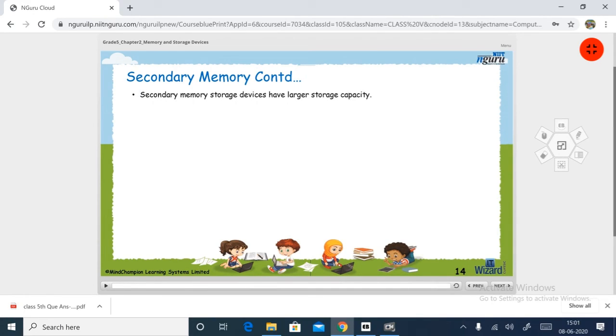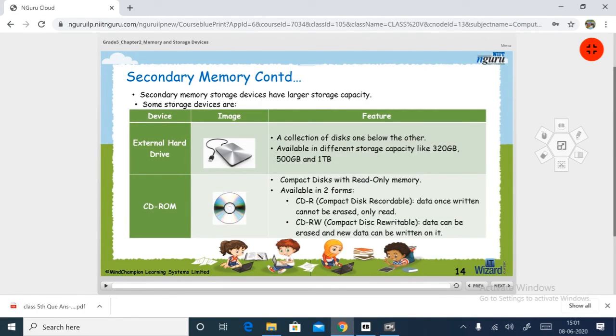Secondary memory storage devices have larger storage capacity than primary memory. Some storage devices are hard disk and CD-ROM. These are the images displayed in front of you so that you do not get confused. First device is the hard drive. A hard drive is a collection of disks, one below the other.